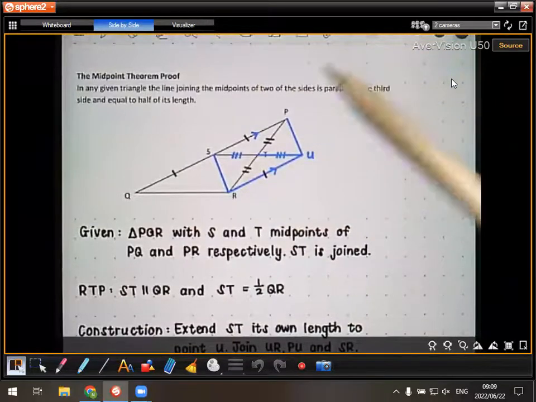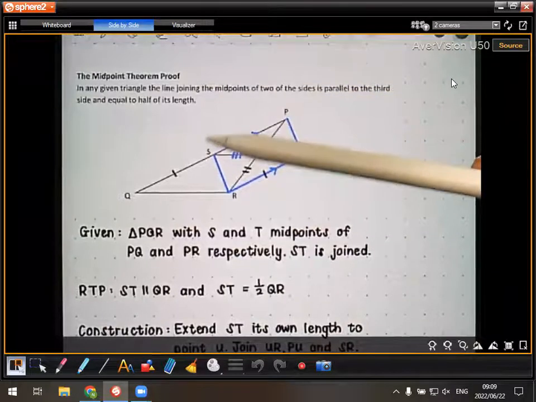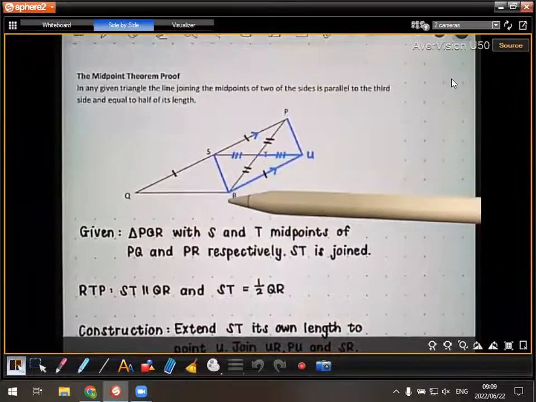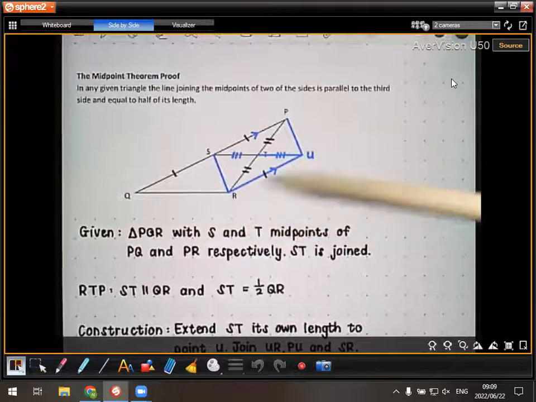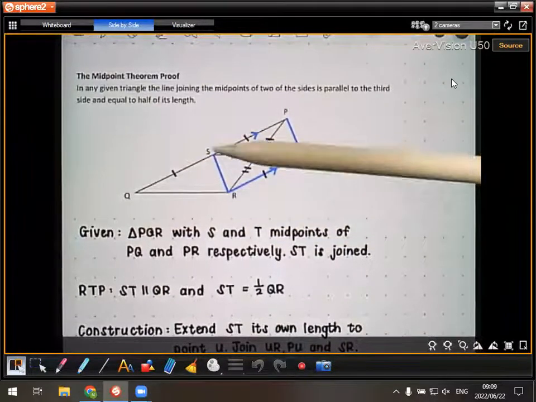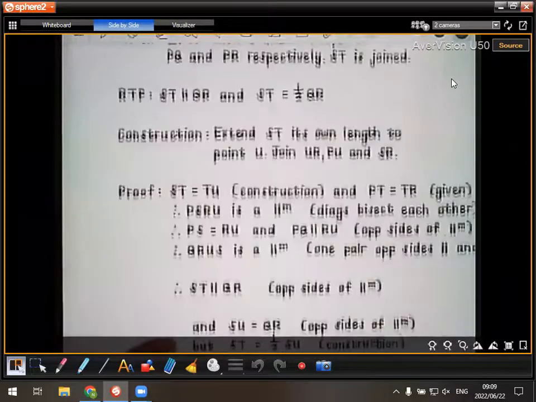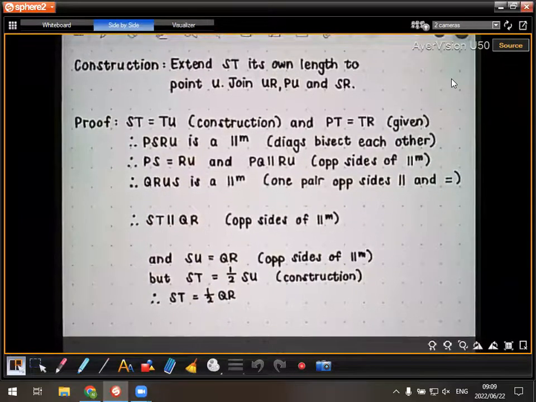So I can't write SURP, that won't be correct. If you're starting with S, you either have to go to the next vertex, which is P, or if you're going the other direction, R. Sorry, I didn't see that. If you want to start with R, you can say RSPU or RUPS. Does that make sense? The way in which you order the vertices in the name has to be the same as the order of the vertices in the actual parallelogram. If you don't have the exact same name, that's fine. Just check that it does actually go around the shape.